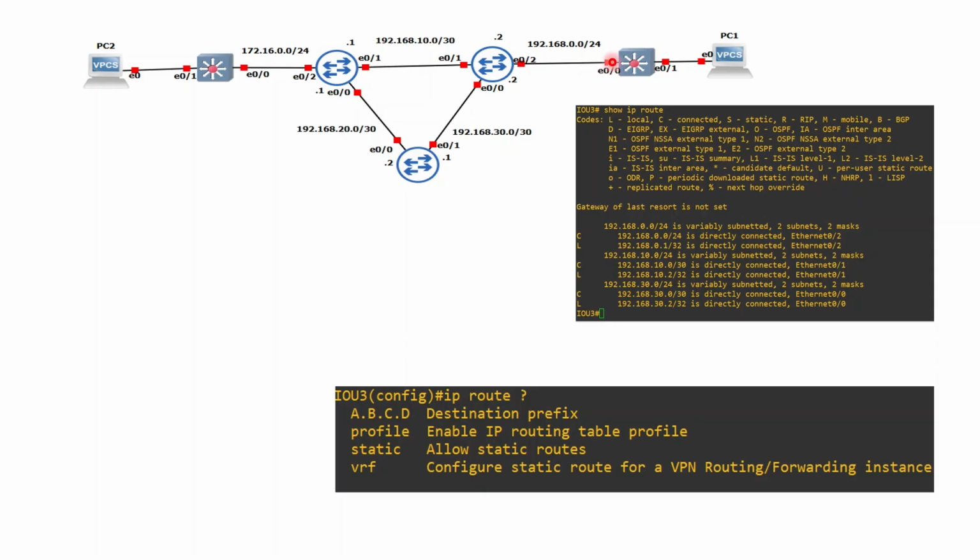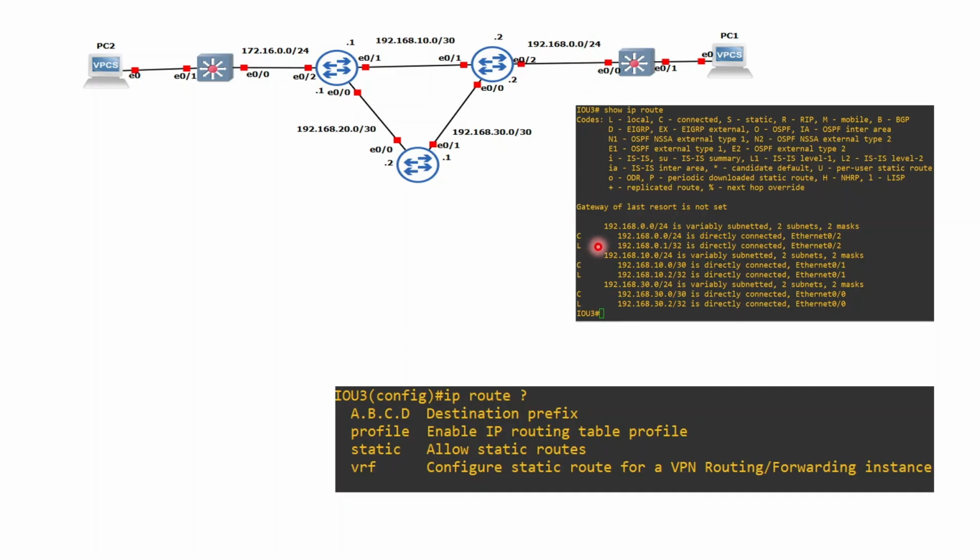So when we go back to the topology, it is true. Network 192.168.0.0/24 is directly connected to my router via this interface. And my routing table tells me that this network is C, which means it is directly connected, and it's true.